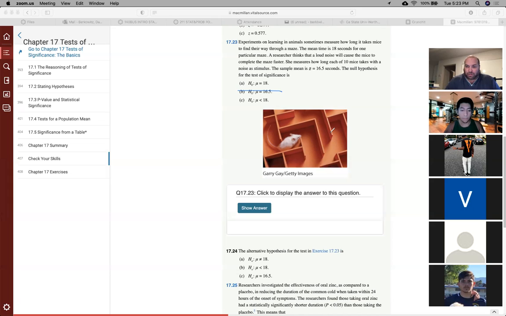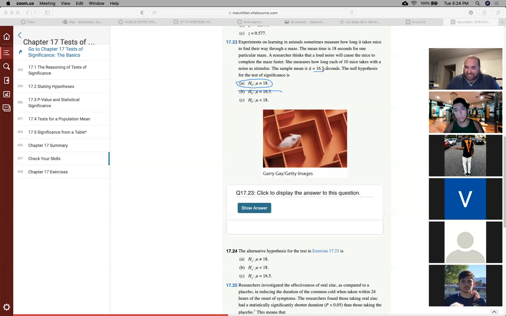The sample outcome comes later. It's when you do your sample. Second, you are testing against the equality. The null hypothesis always gets the equality. There's no exceptions to that whatsoever. The null hypothesis is what you're testing against.